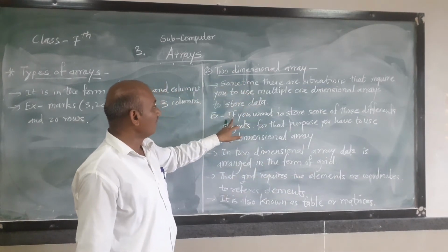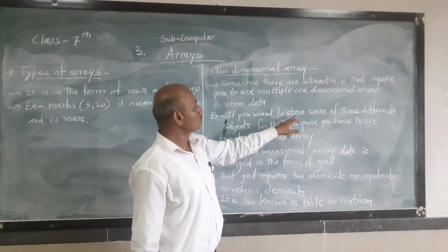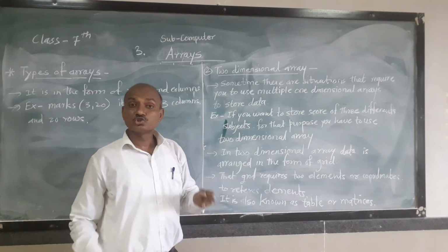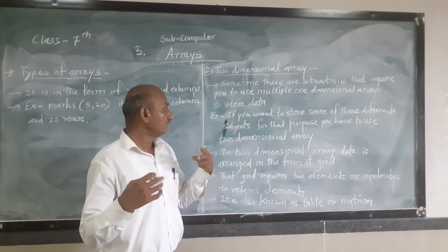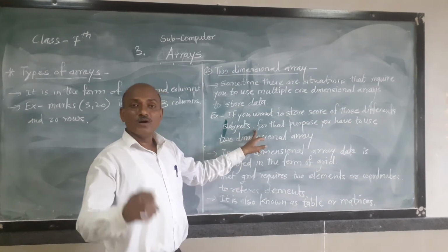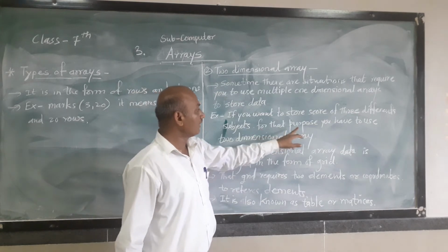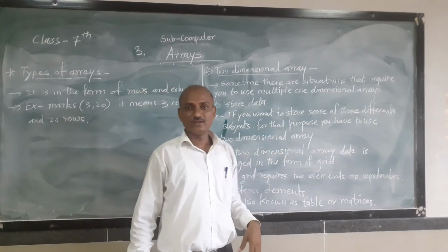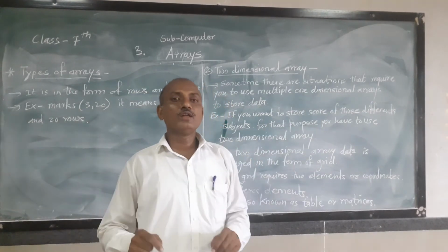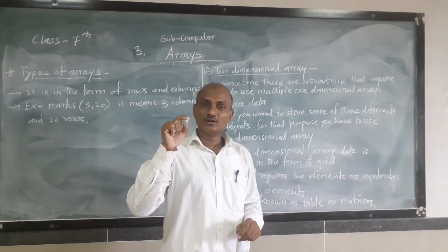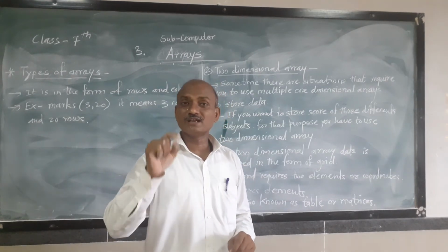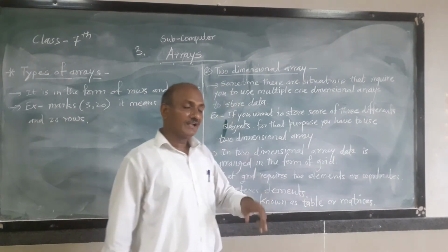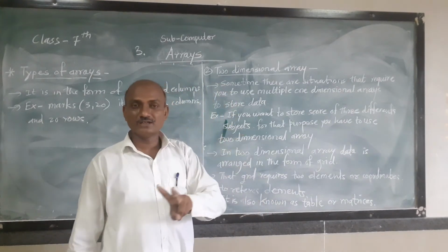See, for example, if you want to store the scores of three different subjects of one student, that means total marks or subject marks of three subjects of one student, at that time you have to use a two-dimensional array.